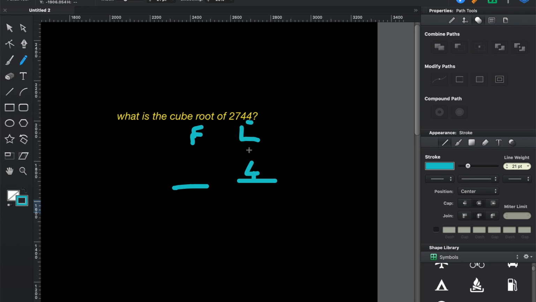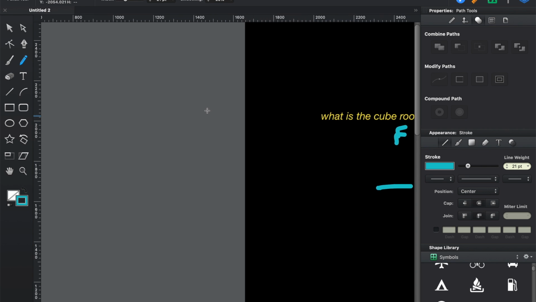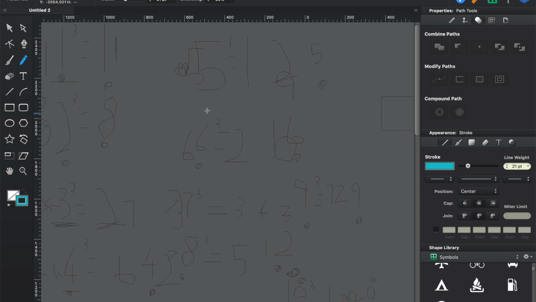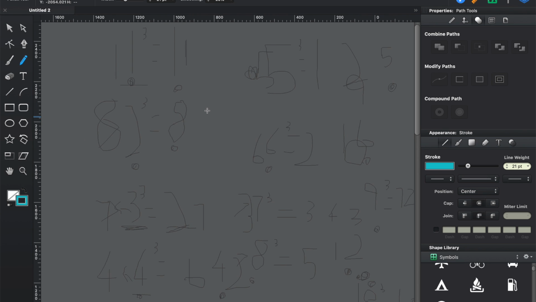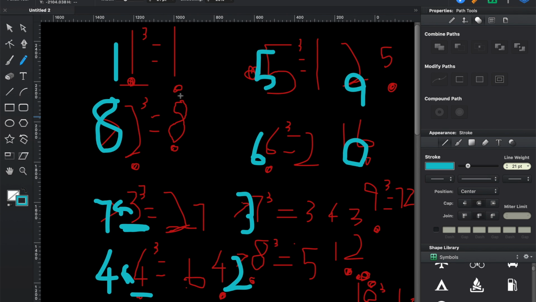First, after you figure out the last digit, you cross out these 3 digits and look at the 2. Now, when you look at the 2, you go back here and look at the answers, so you're not looking at these sides anymore.